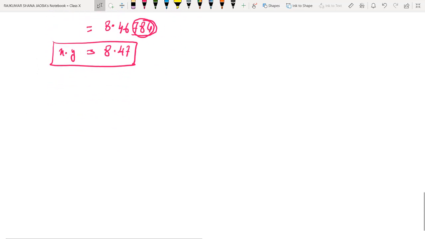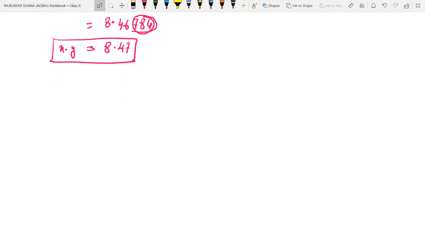Now, when we start rounding off, a doubt can occur when the digit to be dropped is 5 or 5 followed by 0.